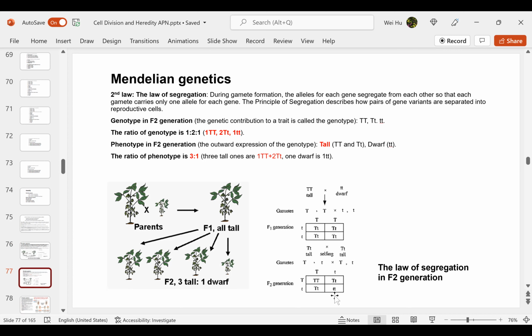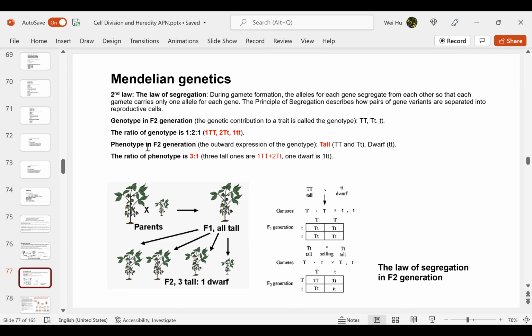Only small t will show recessive. It will show short. Therefore, you get 3 big trees and only 1 small tree. If you look at the genotype ratio, it is 1, 2, 1, right? 1 was big T, 2 was big T, small t, and 1 was small t.